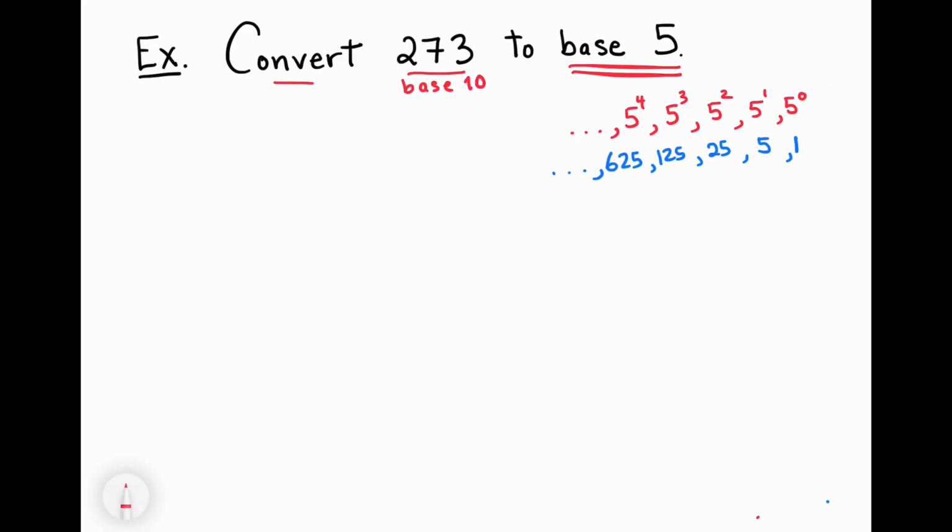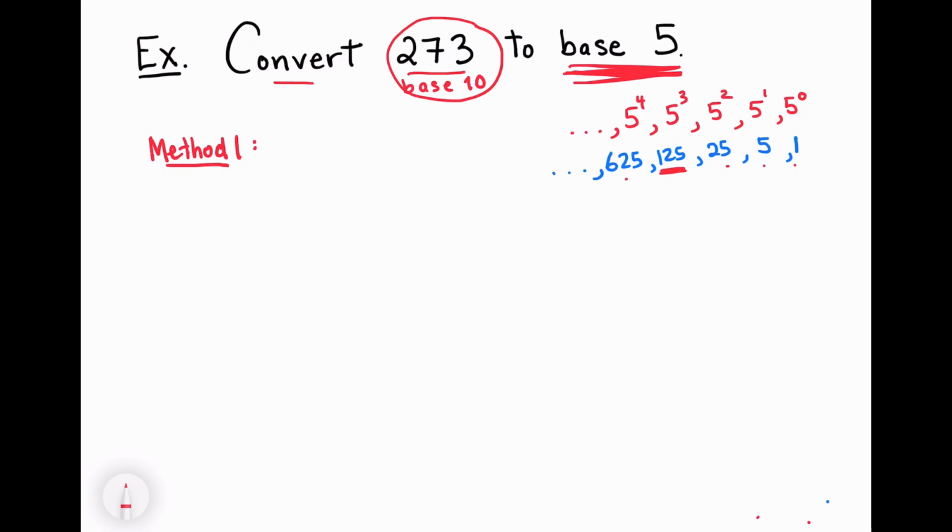I'm going to show you two methods for doing this. Method 1: I look at my number 273, and if I want to write it in base 5, I ask myself which is the largest of these numbers that fits inside of 273. That's 125, because 625 is too big.